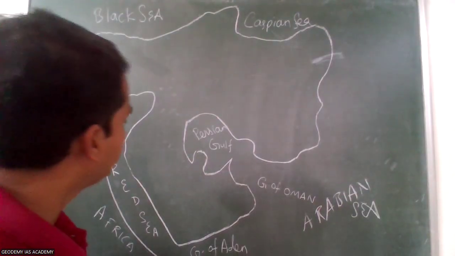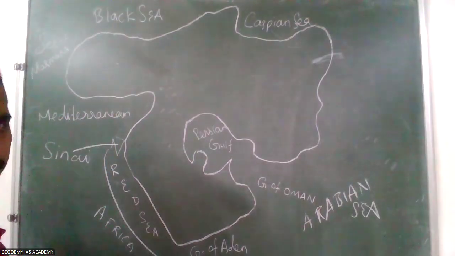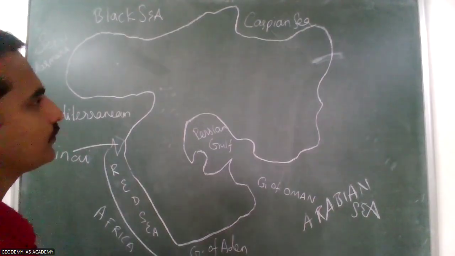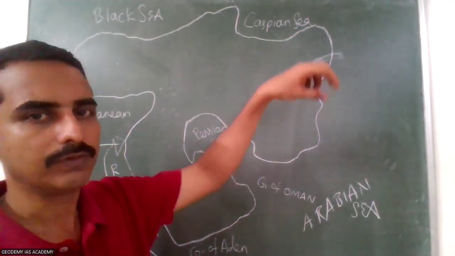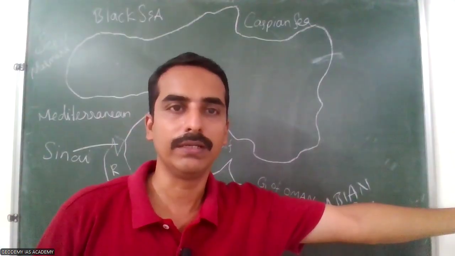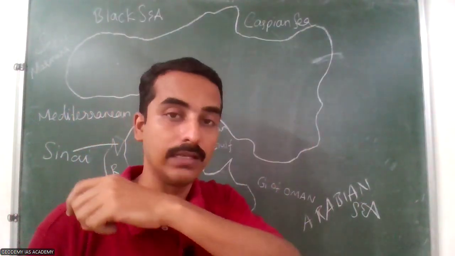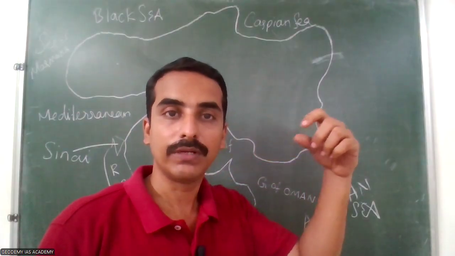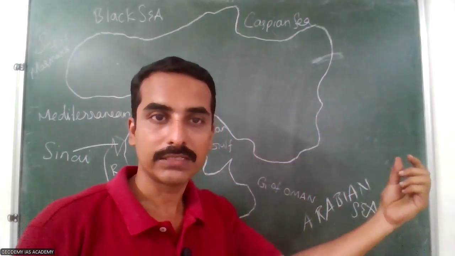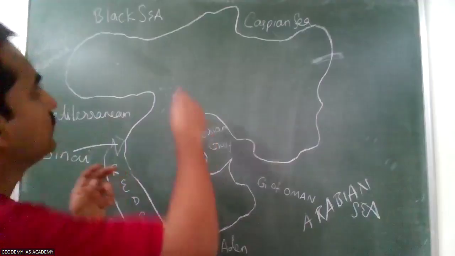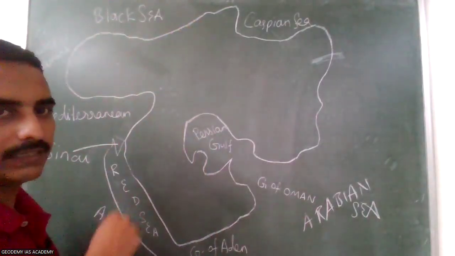Here the important physical features are the folded mountains from Europe to the Himalayan end, right? The Carpathian Mountain, here the Alps Mountain, Pyrenees Mountain, Caucasus Mountain, and then here it extends into Turkey.